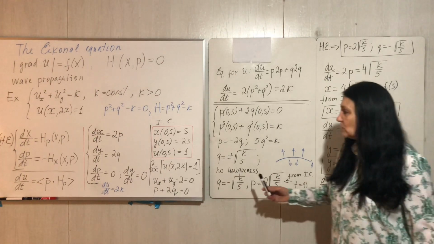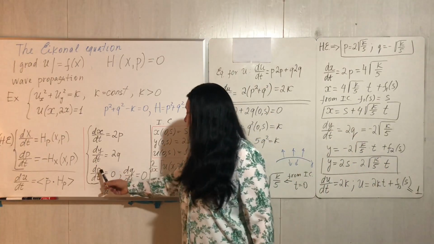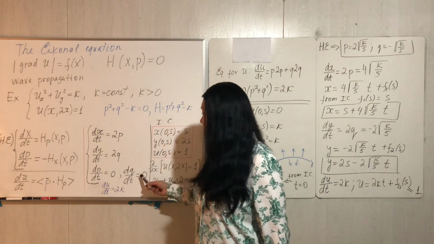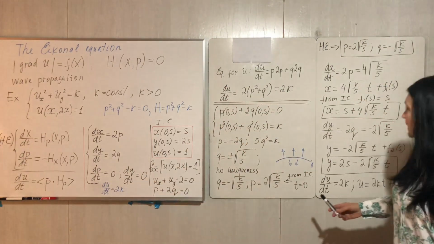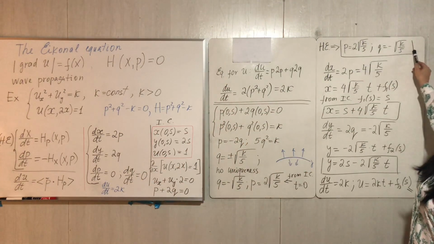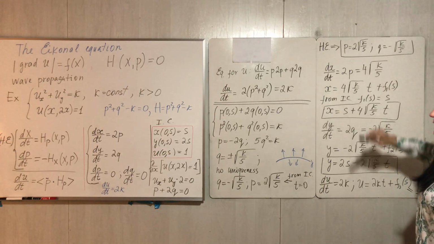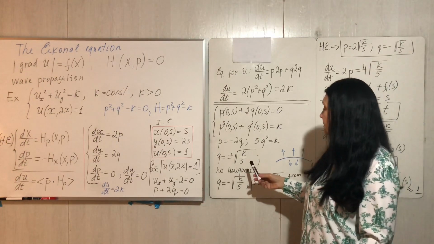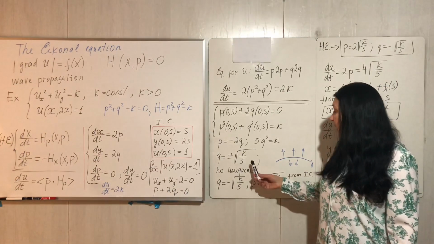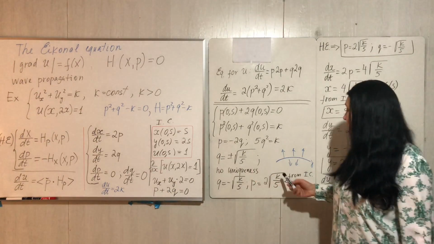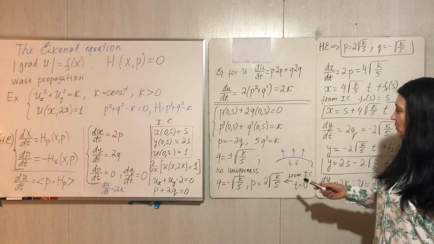And now we have to look at our Hamilton's equation, dp dt, and we can see that there is no dependence on t, so those would actually be our solutions for p and q. So how can we explain non-uniqueness?